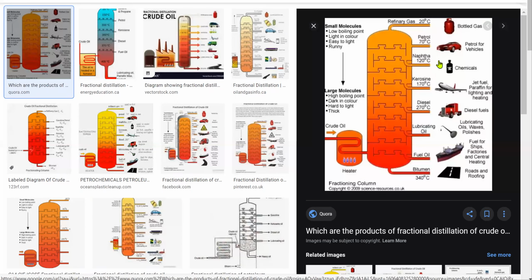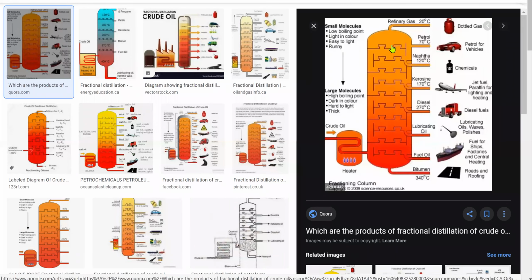If you have a look at this diagram, I'm going to explain what fractional distillation was and how crude oil is refined. When you take oil from the ground, it is a mixture. It's heated at very high temperatures. It vaporizes, and then there's this chimney-like column, and the vapor goes up. When it goes up, it starts to cool down.